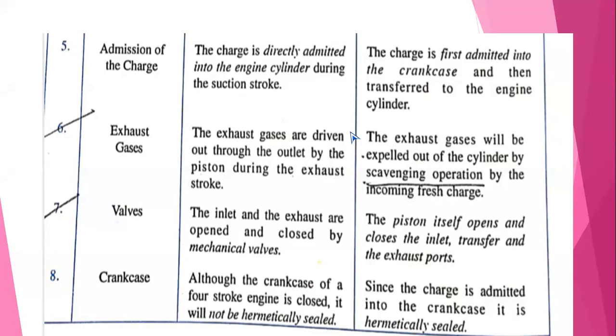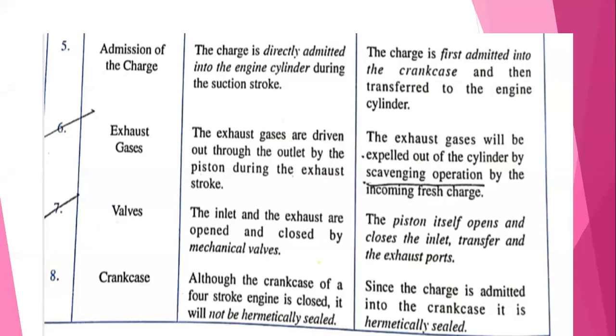But in a four-stroke engine, there is a separate stroke, known as the exhaust stroke, where the burnt gases are expelled out through the opening of the exhaust valve, or outlet valve.